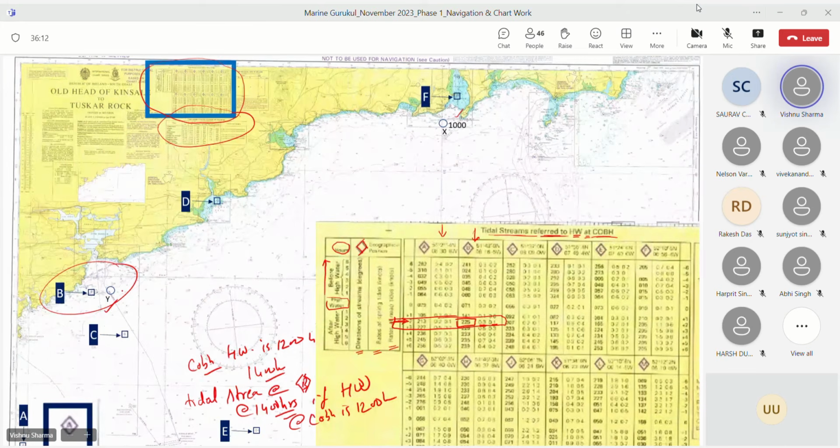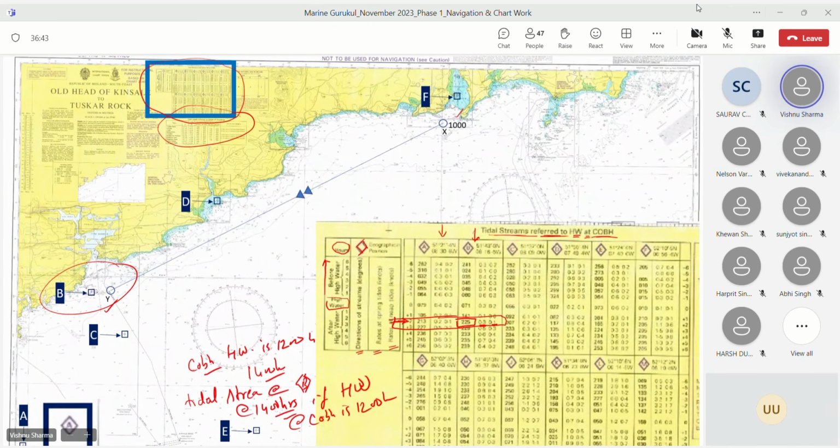If I join XY, what will I get? CMG. So if I'm doing my passage planning, this is my CMG. Now, if this entire stretch, the current experienced was the same, then you will just counteract the current once and you'll get the CTS and keep the same CTS. Correct? Yes, sir.